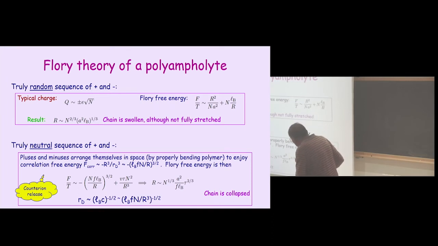The significance of this 1/3 power is that you think about r cubed divided by n, which is the density of this object, or rather volume per particle. This is some power of this quantity, and this is independent of chain length. So that means if you imagine your globule and you look at a little piece inside, the density of this little piece is balanced by some forces inside this little piece.